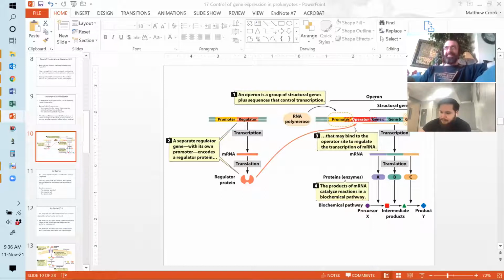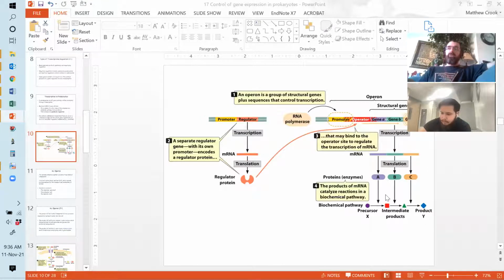Yes. Okay. Yes, because in an inducible system, you have to induce the repressor to leave, right? So you've got to think about what's the outcome for an inducible system. So if the regulator protein on its own is present, it will bind to the operator. So the answer is yes, in the absence of the inducer.